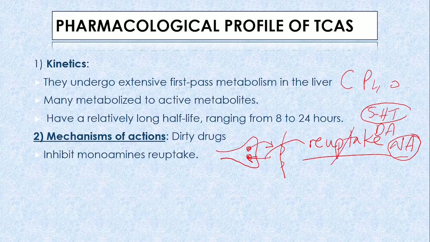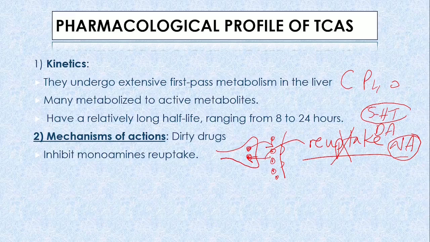Therefore, by inhibiting reuptake, the availability of the monoamine at the synapse will be increased. It will stay longer in the synapse, and this, as we have said before, will affect the auto and hetero receptors on the nerve terminal, and this will result in the long term in an increase in the aminergic activity.